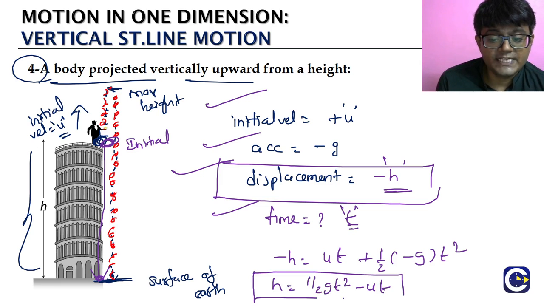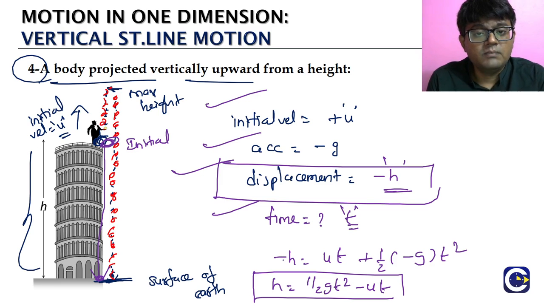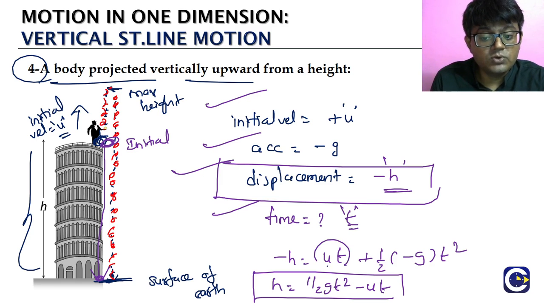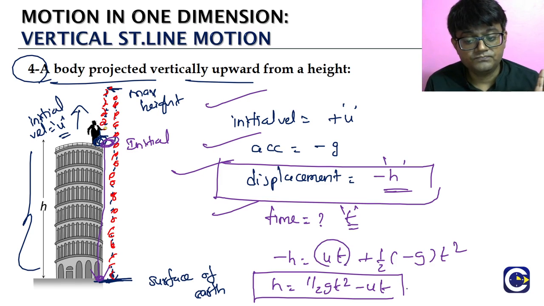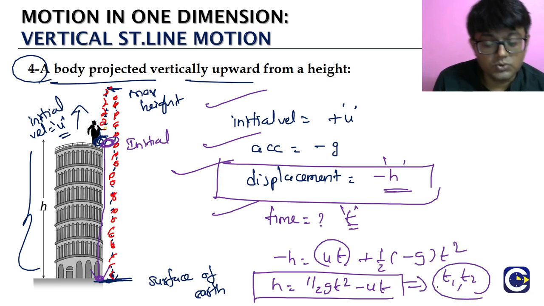If you multiply both sides with minus, check it. So multiply both sides with minus means minus h will become plus h, minus half gt square will become plus half gt square, but ut will become minus ut. Okay, so this is a quadratic equation. By solving this, we are going to get two values of time. Two roots will come.